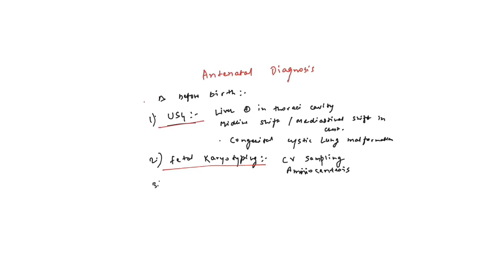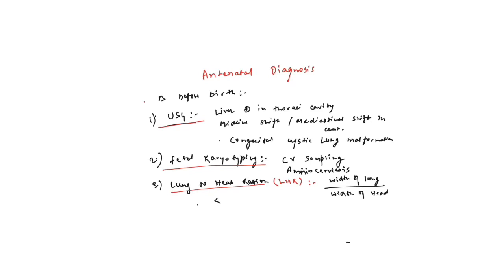Third thing which we will see in USG is lung to head ratio. This is also called as LHR. So this is the width of lung upon width of head.